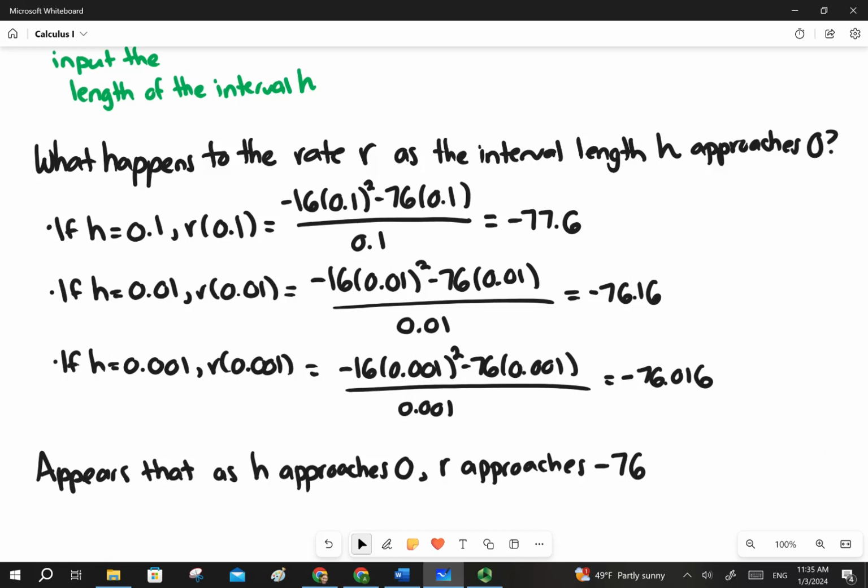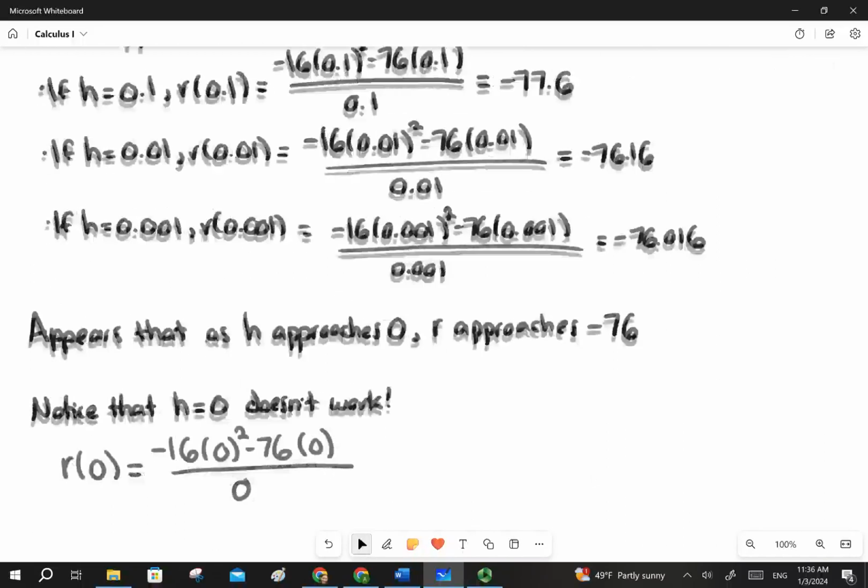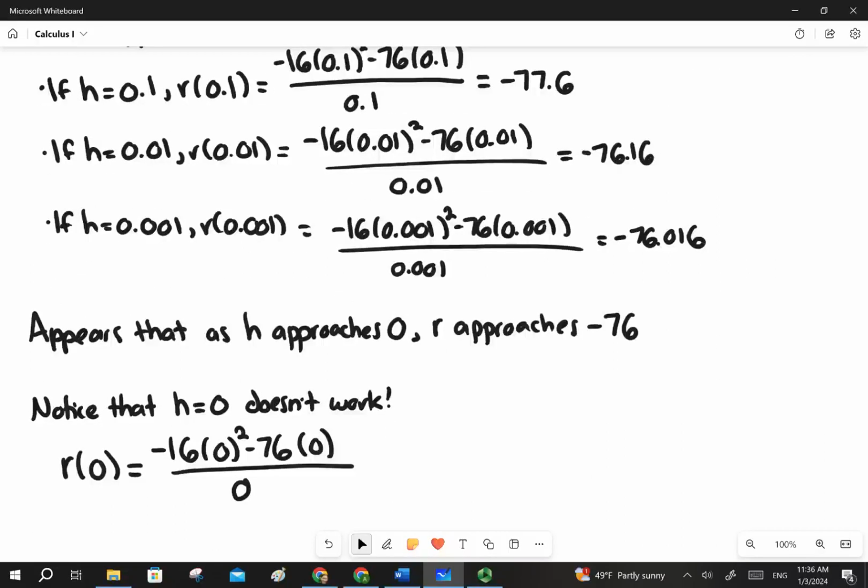h approaches 0. It's also important to realize that the idea of calculating the average rate of change breaks down if we actually let h equal 0. If h equals 0, then r of 0 equals 0 divided by 0. What is 0 divided by 0?